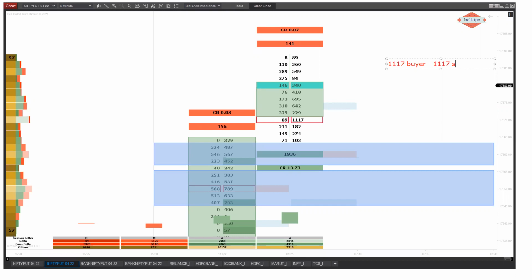Only a seller and a buyer together can make a transaction. So this 1117 lots is a transaction made between the buyer and seller. What order flow shows is who initiated the transaction, the buyer or the seller? Here this 1117 is a buyer initiated transaction.